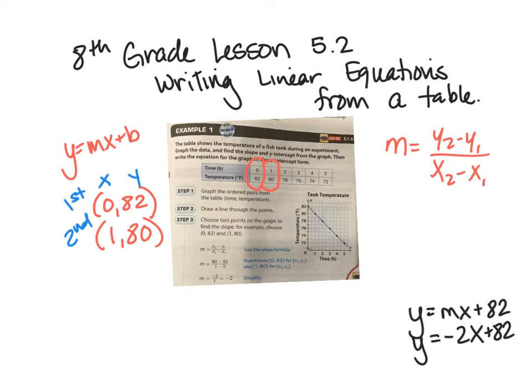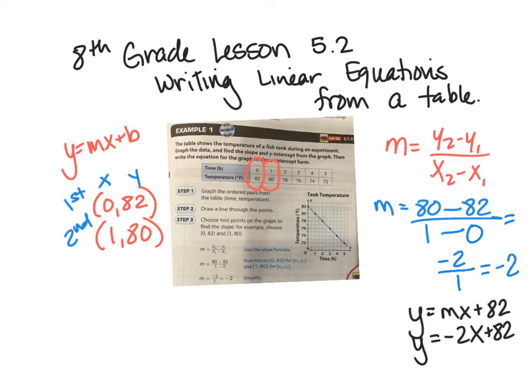So let's go ahead and fill in our equation. M equals y of my second choice, 80, minus y of my first choice, 82, over x2, 1, minus x1, 0. 80 minus 82 is negative 2. 1 minus 0 is 1.